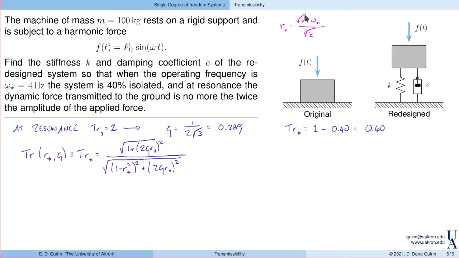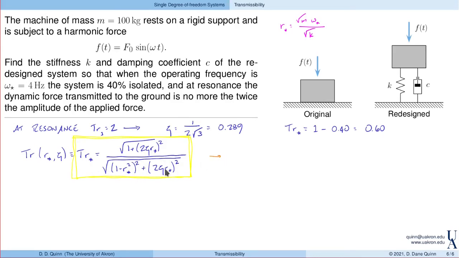So even though the excitation frequency is constant, the frequency ratio is a property of the system. It depends on the foundation. So we need to solve this relationship for R star.